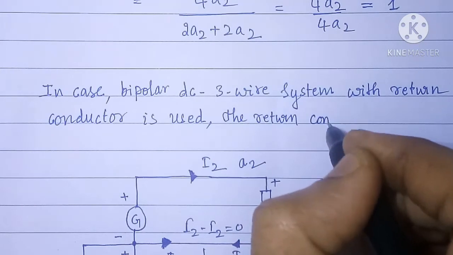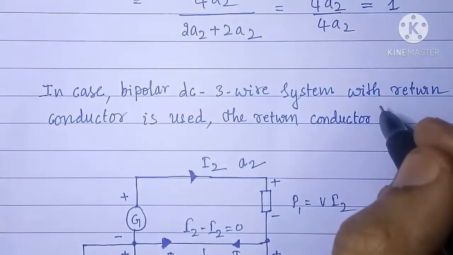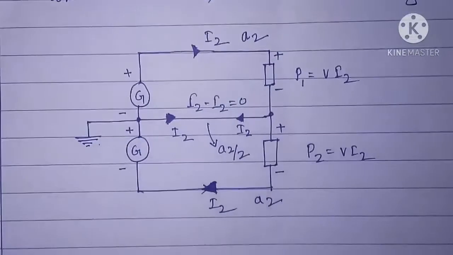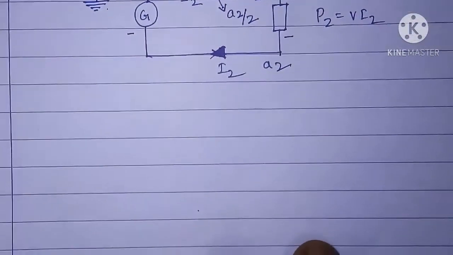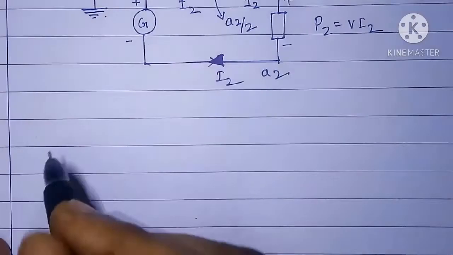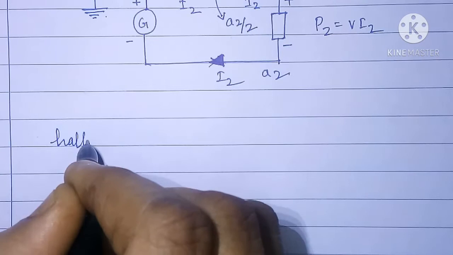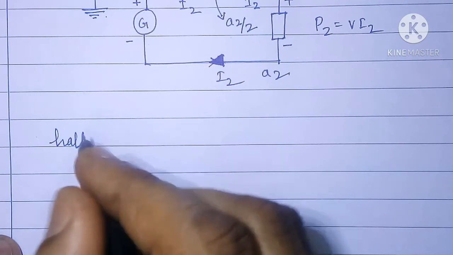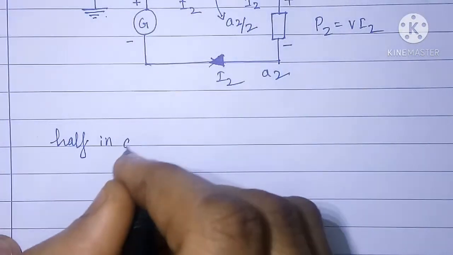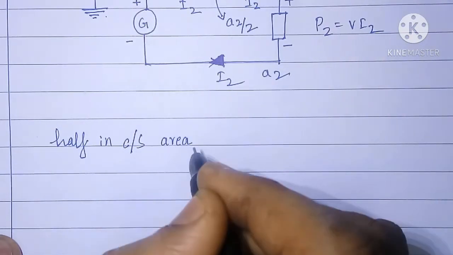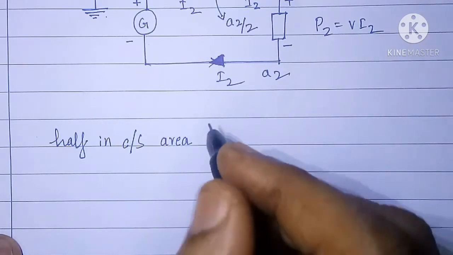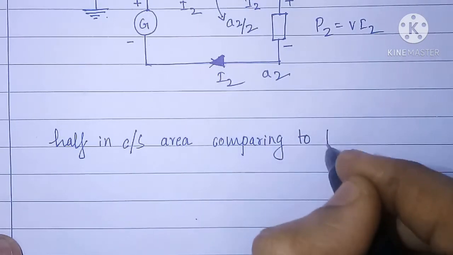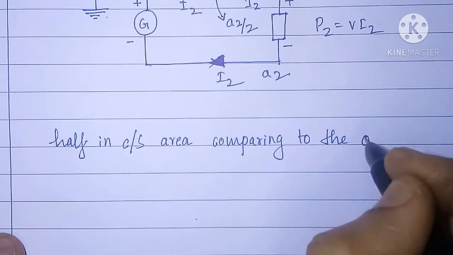The return conductor may be half in cross sectional area comparing to the outer conductors.